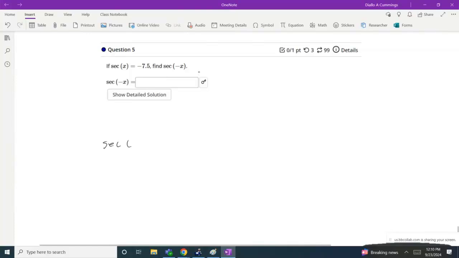So the secant of negative x is equal to the secant of x, and they give us that the secant of x is equal to negative 7.5. So I'm simply going to substitute secant x for negative 7.5.